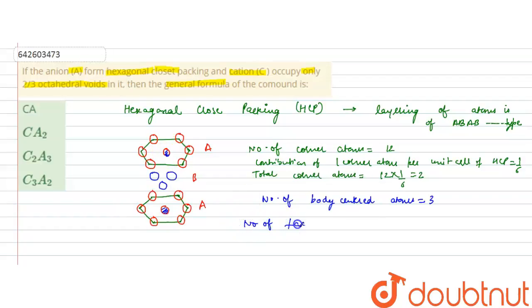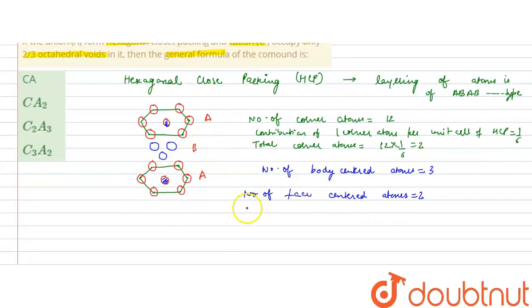The number of face centered atoms is 2, and the contribution to one unit cell is half, because these face center atoms are shared by 2 unit cells. So the contribution of one face centered atom per unit cell is half.